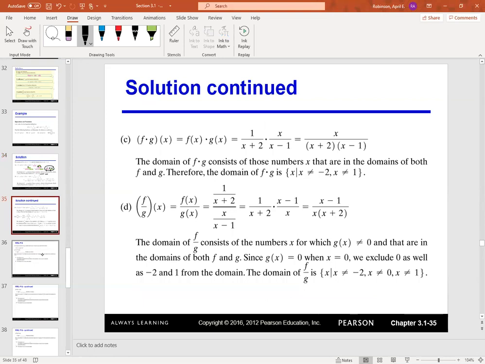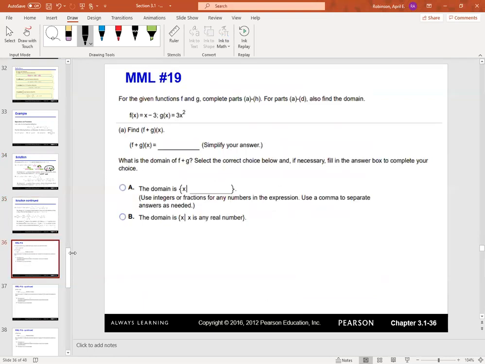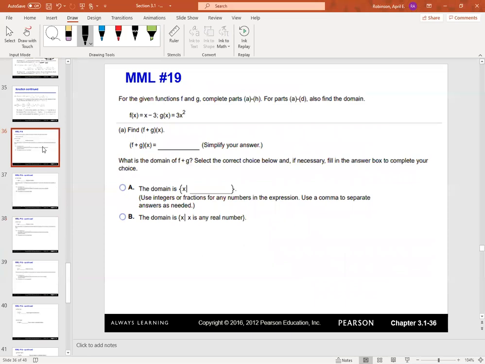What I want to do is jump to the Mymathlab example so you can watch me work through one instead. Given these two functions, find f plus g of x.